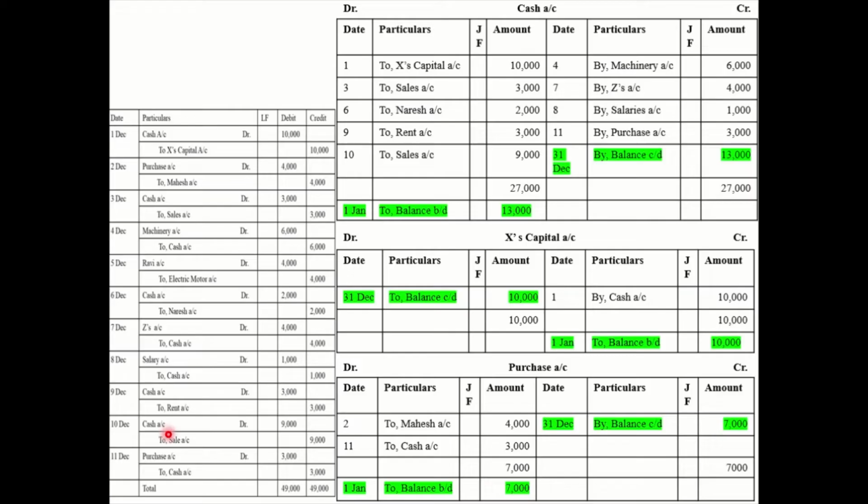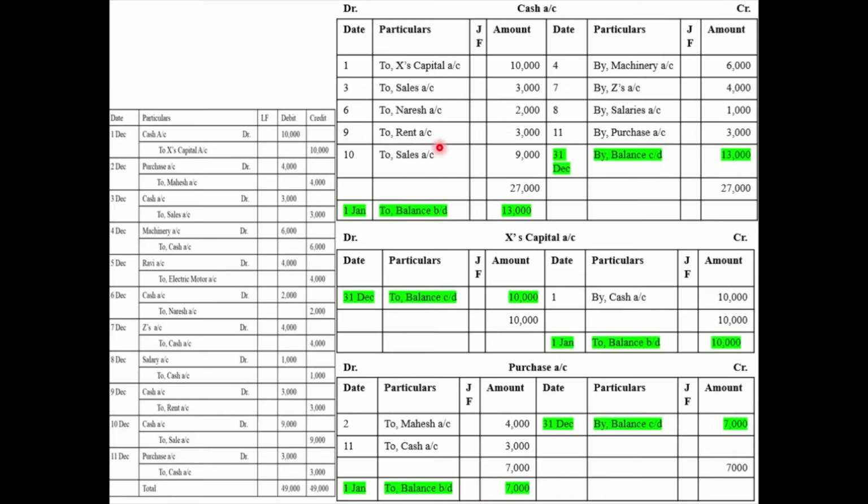That date, credit account we record on the debit side, to sales account rupees 9000. 11 December, here cash account entry is on the credit side. That date, debit account we record on the credit side. That is 11 December by purchase account rupees 3000.